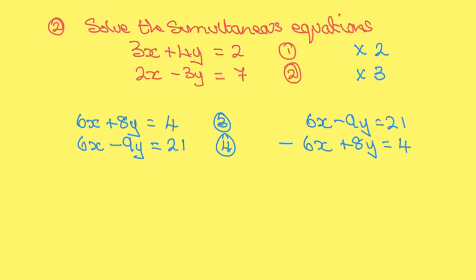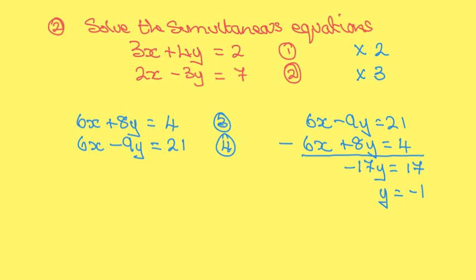So 6x minus 6x gives me no x, minus 9 minus plus 8 gives me minus 17y, 21 minus 4 gives me 17. So y is equal to minus 1.